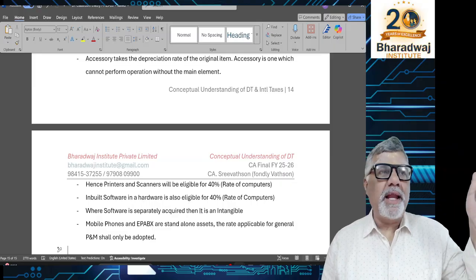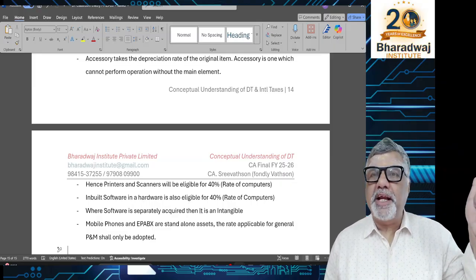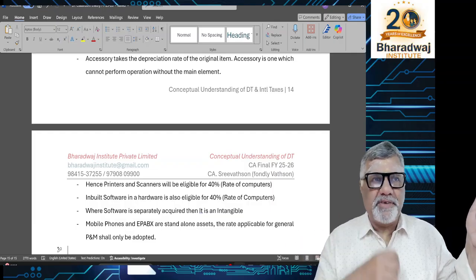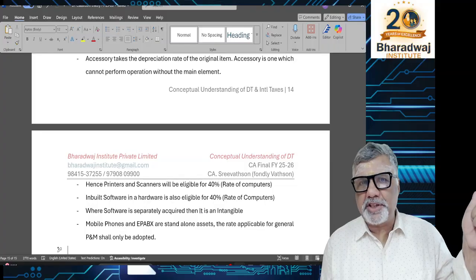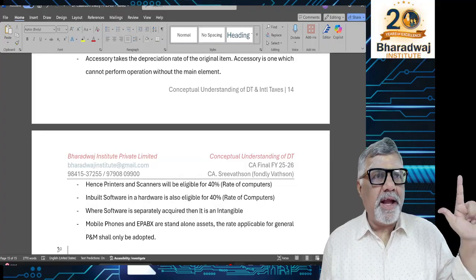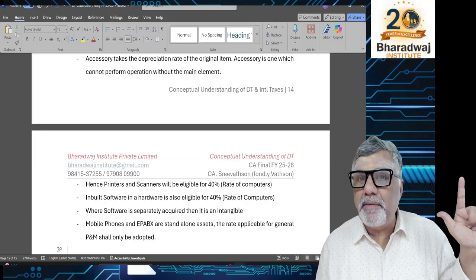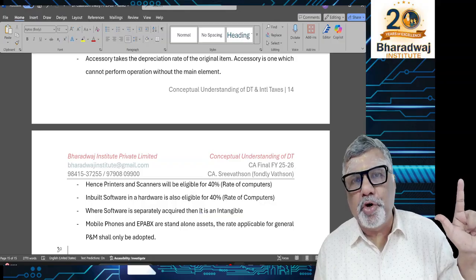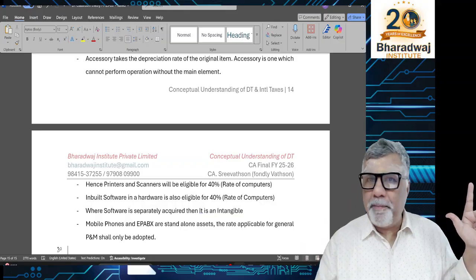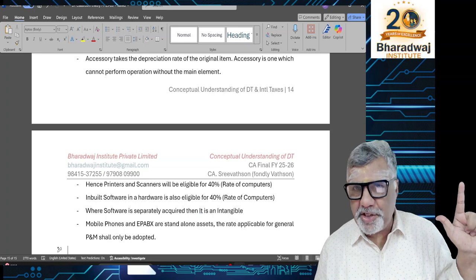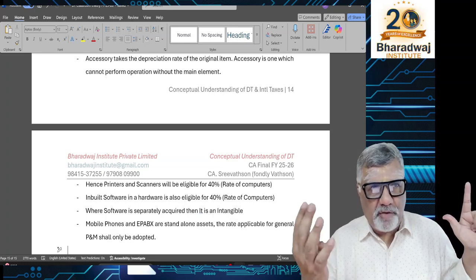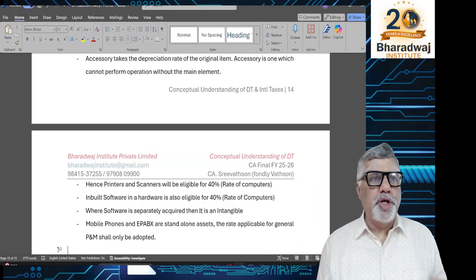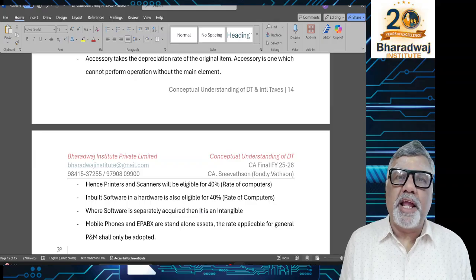One, available only for manufacturing entities, not for a trading or service sector, only manufacturing entities. Two, available only for new plant and machinery purchased and put to use during the year, not for building, furniture, fixtures or intangibles. New means that which is not already used.